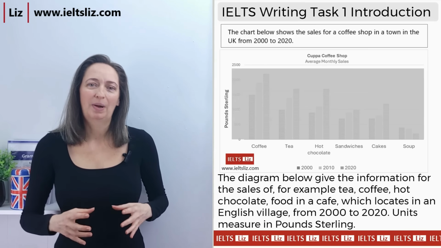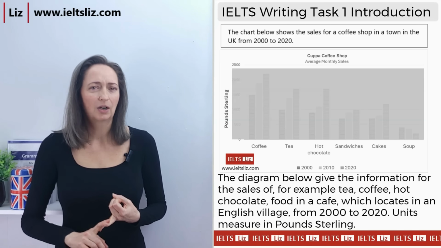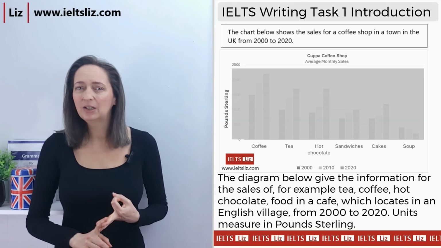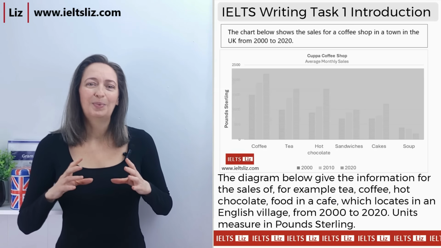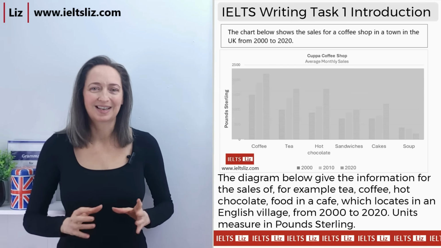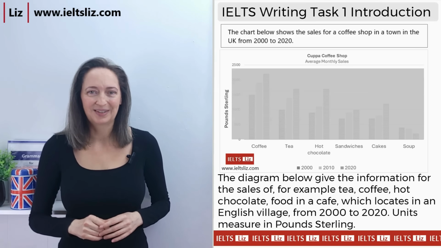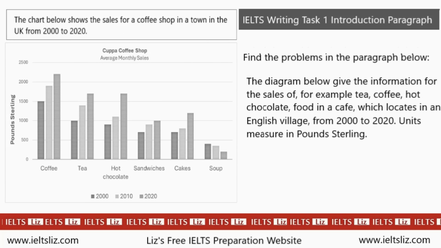And that is all about whether your information is accurate, whether it's misleading, or something is missing or confusing. And so you're going to find that there will be problems with information as well. So all of this is connecting to the marking criteria. So let's put this up full screen. I want you to find as many errors as you can. Pause the video.